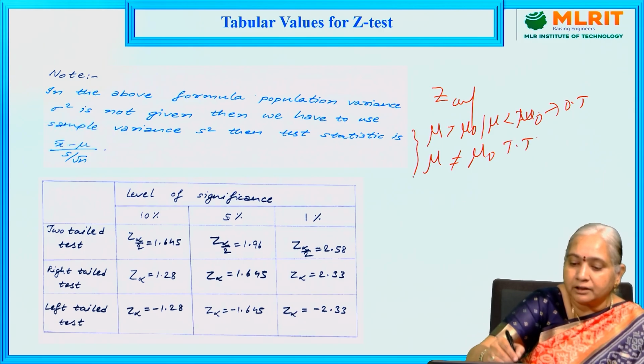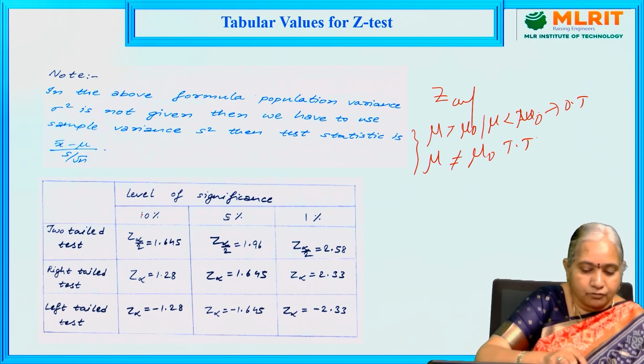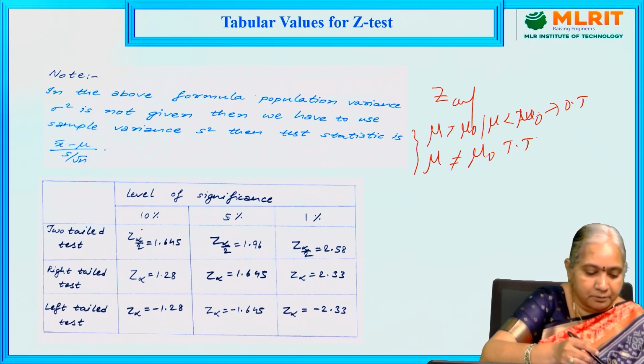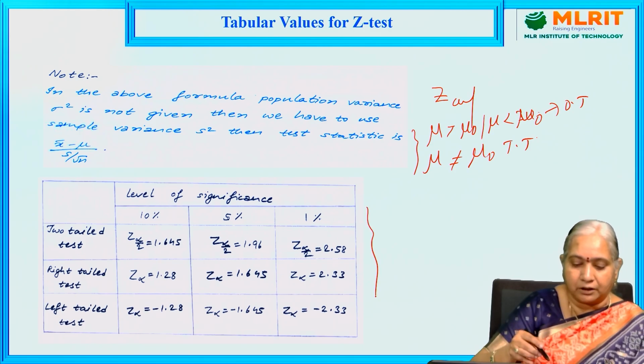So based on this alternative hypothesis, we choose the appropriate tabular value for Z. So 5%, 1% and 10%: two-tailed, right-tailed, left-tailed. These are the tabular values.